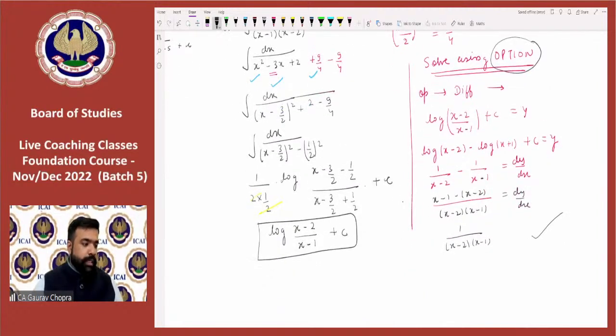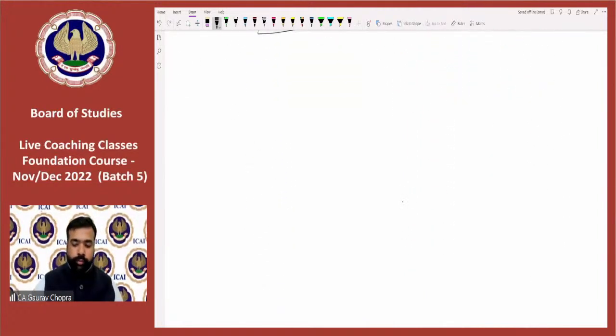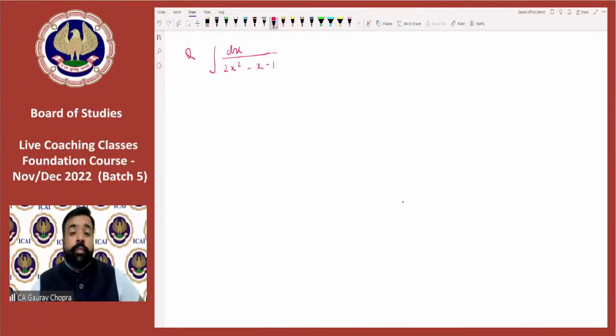Then let us try one more. Now this time the question is dx divided by 2x square minus x minus 1. Before applying the whole square, it becomes easy if the coefficient of x square is equal to 1.